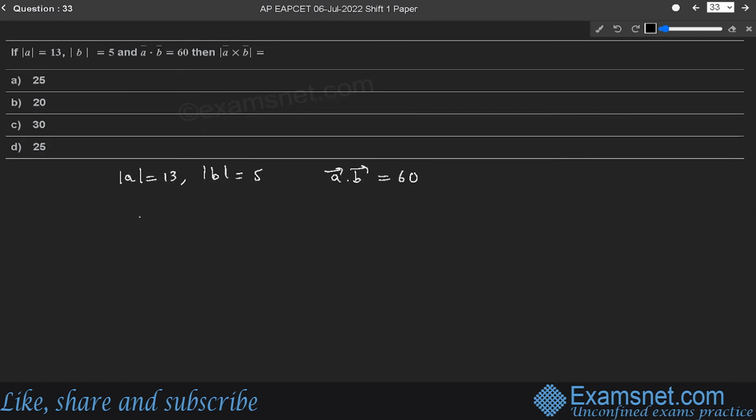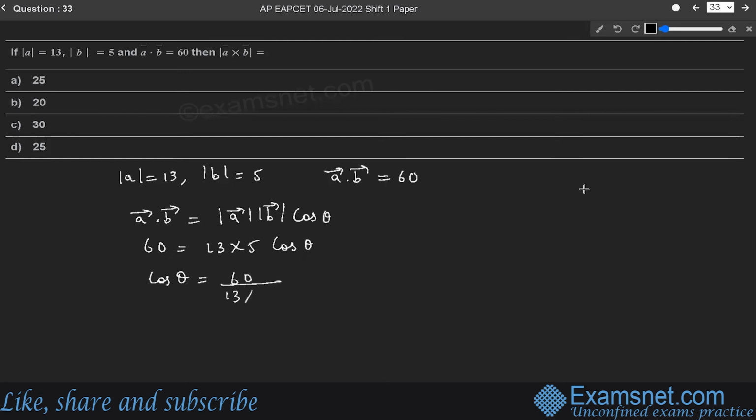We know that A vector dot B vector is equal to modulus of A vector into modulus of B vector into cos theta. So 60 is equal to 13 into 5 into cos theta. So cos theta will be equal to 60 upon 13 into 5. On further cancelling, it will be 12 upon 13. This is the value of cos theta.